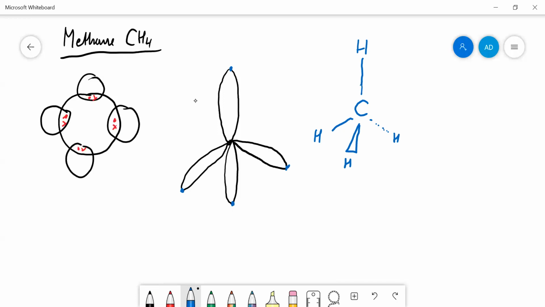All those hydrogens would form the corners of a regular tetrahedron, a regular 4-sided figure, so you can visualize it. There's your carbon nucleus, and these are your hydrogen nuclei here. Each of these is called a bonding orbital. You've got 4 of them.